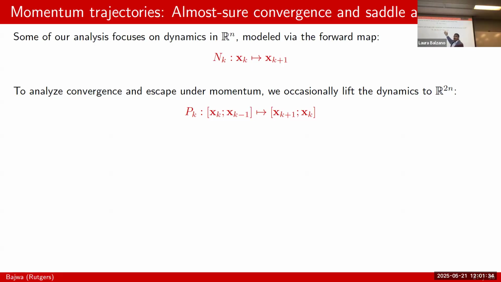This map has a precise closed-form expression. You can write its Jacobian and prove some nice things about it. So in our analysis, we go back and forth between analyzing accelerated methods as a dynamical system in n space, or the nk map, and 2n space, or the pk map. The results we prove in 2n, we do so because we couldn't prove them in n dimensions.